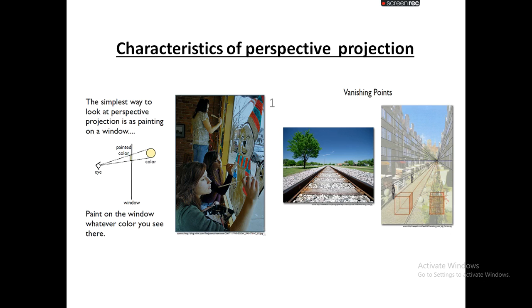Assume that you are drawing a cartoon on the wall. When your eyes are nearest to that wall, the cartoon looks very large. When you move away from that cartoon, the size of the cartoon goes on decreasing. This is the property of perspective projection.